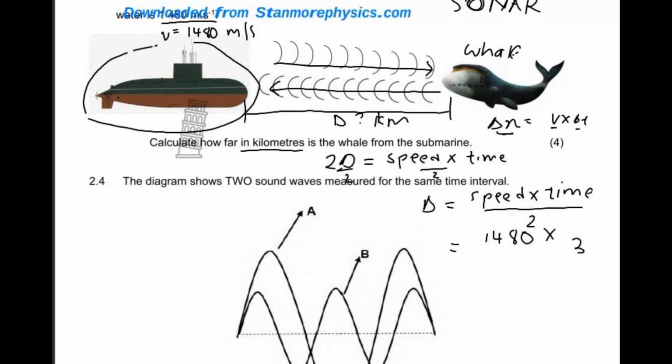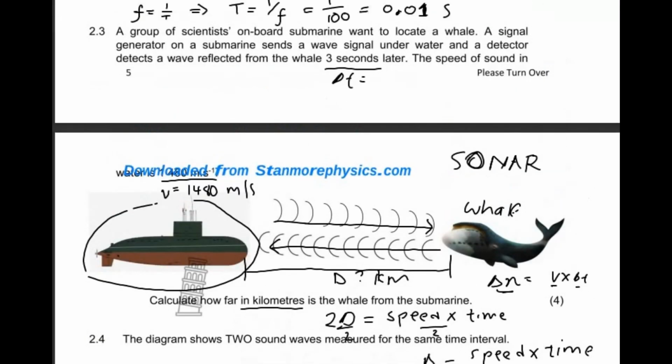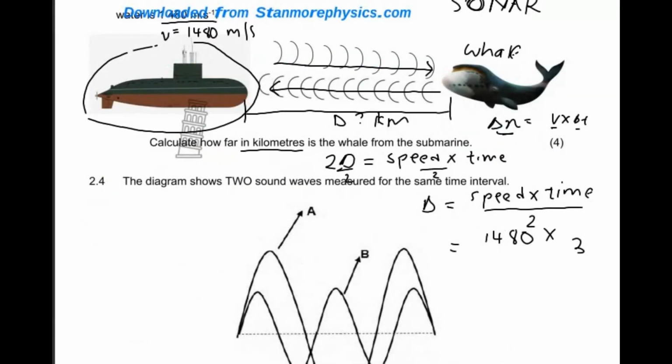Was it 3 minutes or 3 seconds? It was 3 seconds. So 1480 times 3, all of it divided by 2.